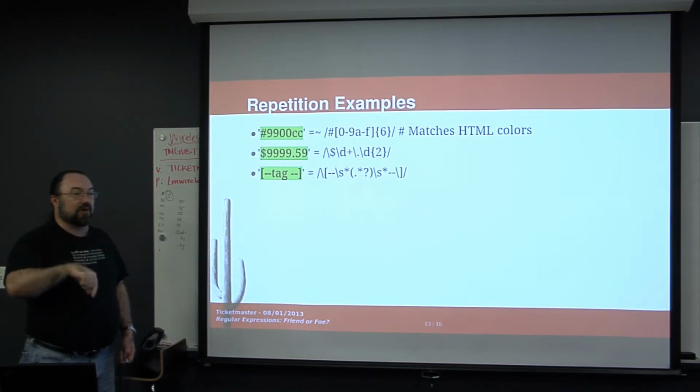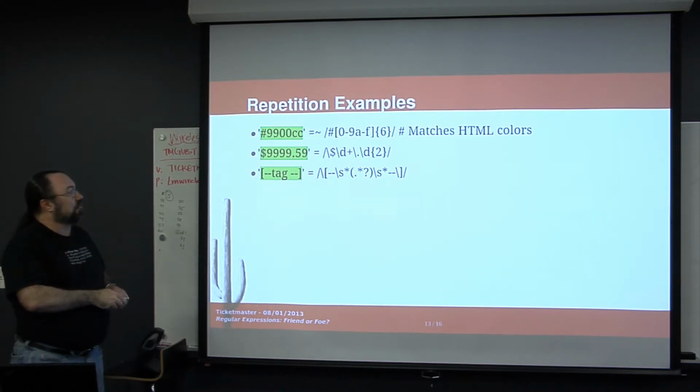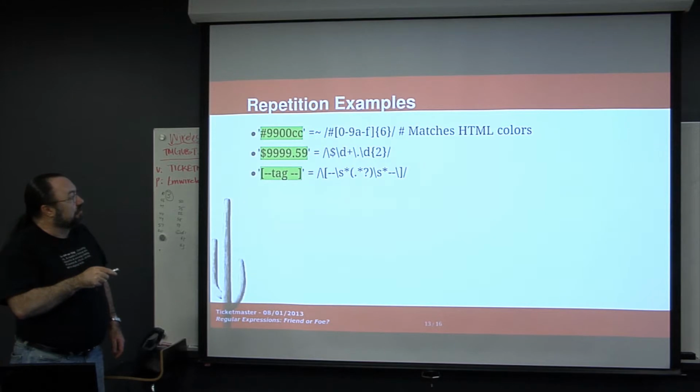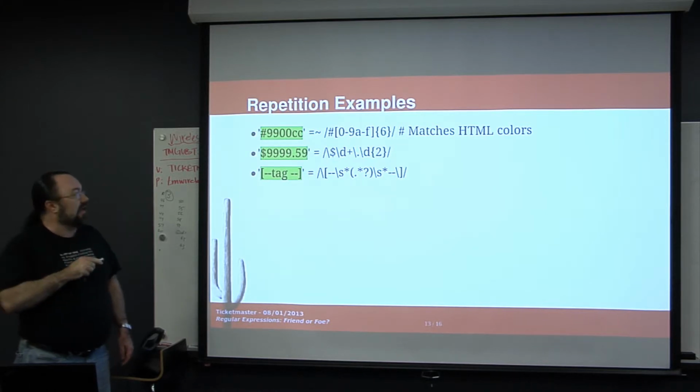So putting the question mark after it says, hold on, don't be quite so greedy, and check and see if there's stuff over here that might match as well. Because this right here also matches this, right? Because that's not a new line, not a new line, not a new line. If I took this question mark out, it would match everything to the end of the string, and that's not what I want.